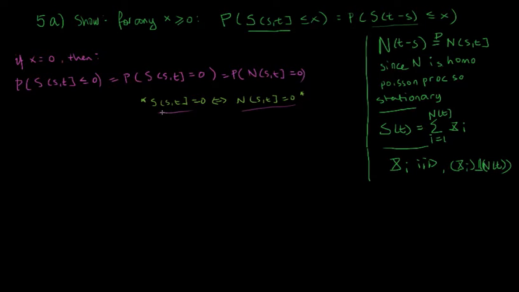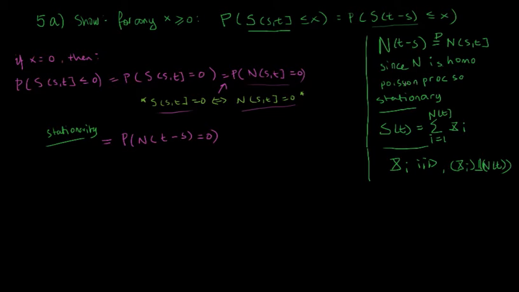The total claim amount is equal to 0 if the total number of claims is equal to 0, and that has the same probability as, if I carry on, because of stationarity of the homogeneous Poisson process N, the probability of no claims from time 0 to t minus s, right?